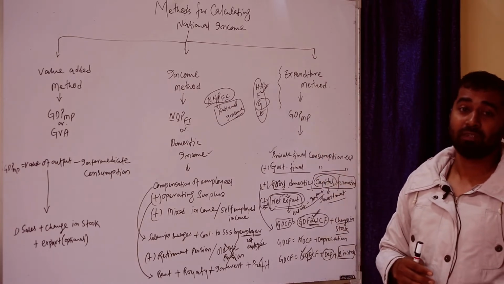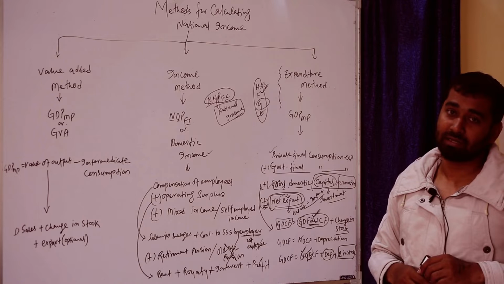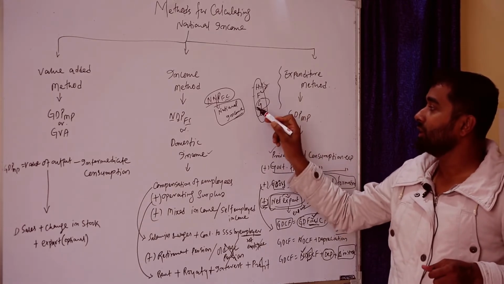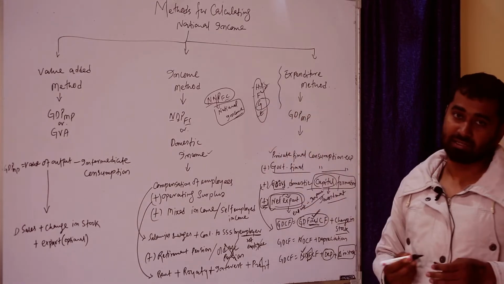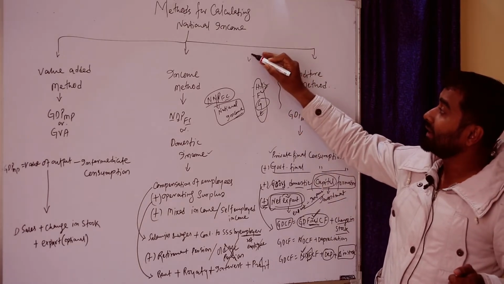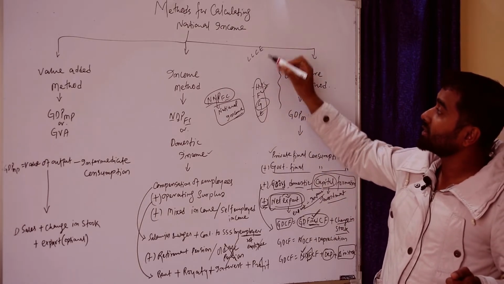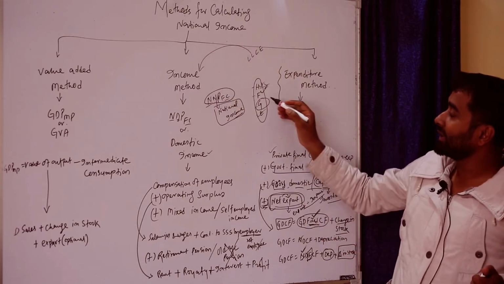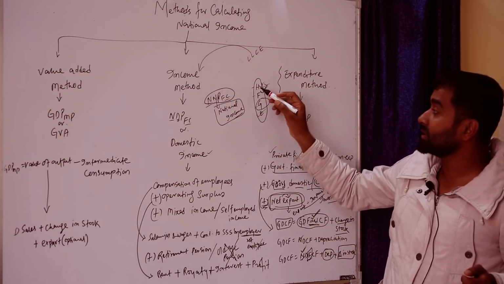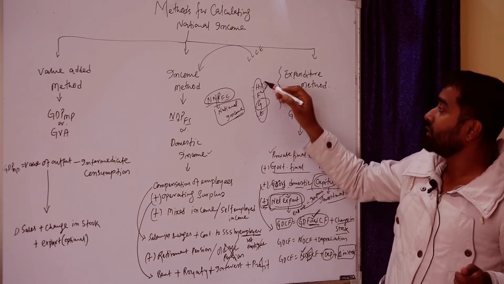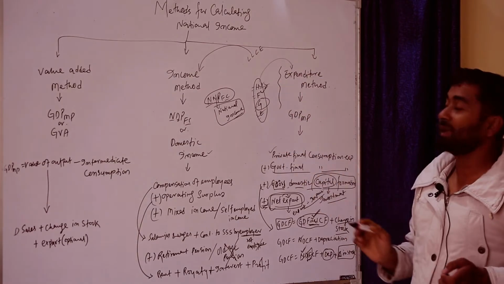In the expenditure method, four sectors we are considering: household sector, firm sector, government sector and external sector. Like the four factors we have, land, labor, capital, entrepreneurship, which should be considered in the income method, here the sectors, that is household, firm, government and external sector, we are considering in the expenditure method.